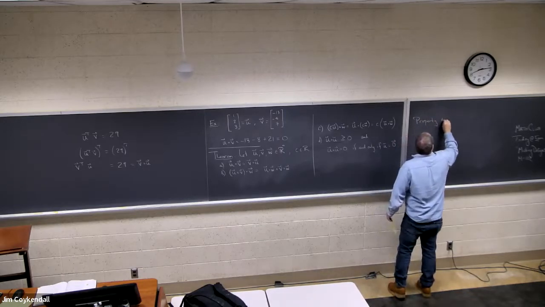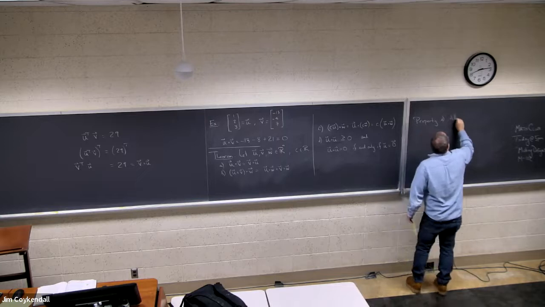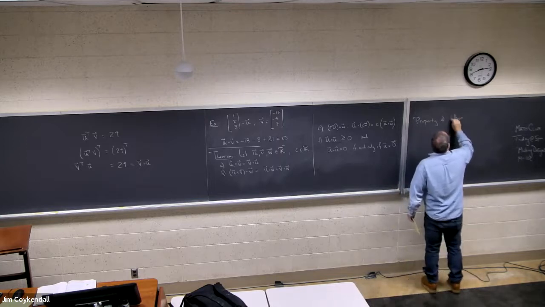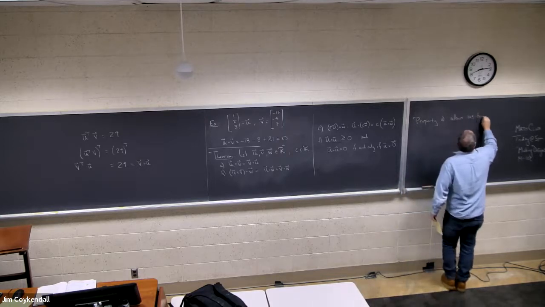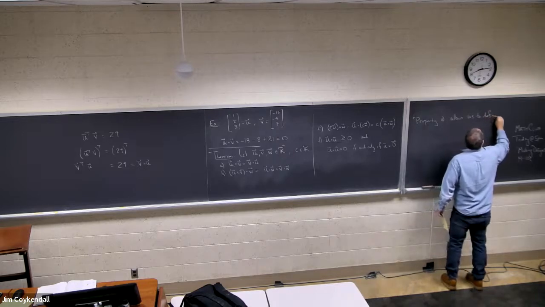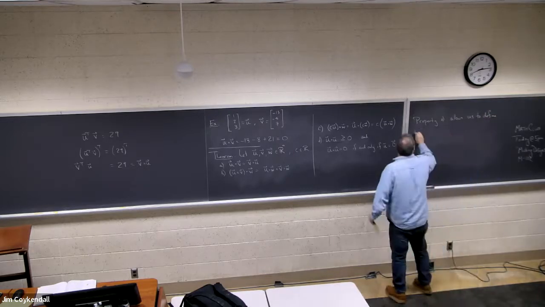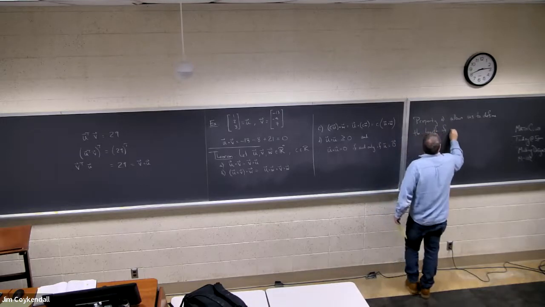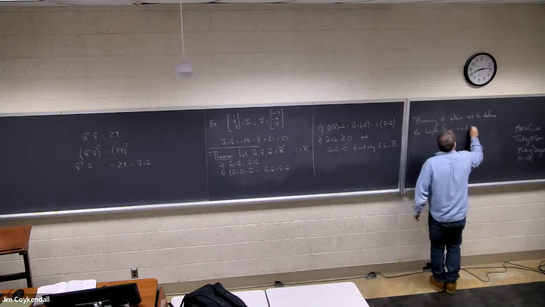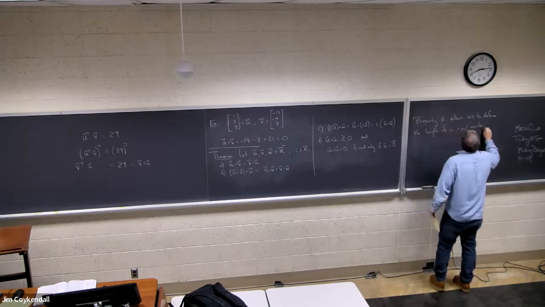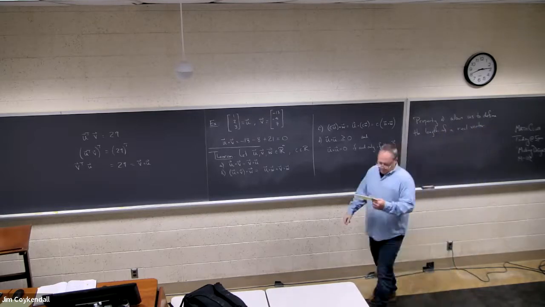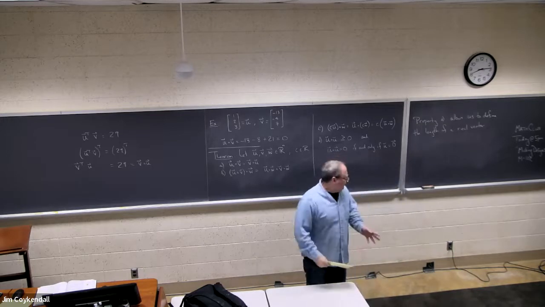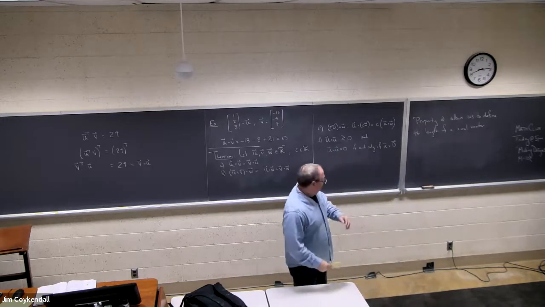So property D allows us to find the length. You can actually do complex vectors too, but I'm not going to talk about that just yet.